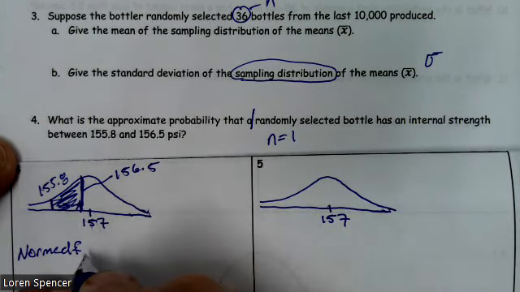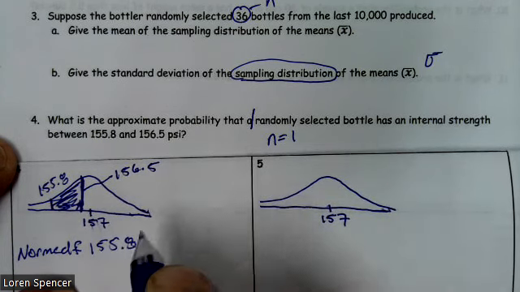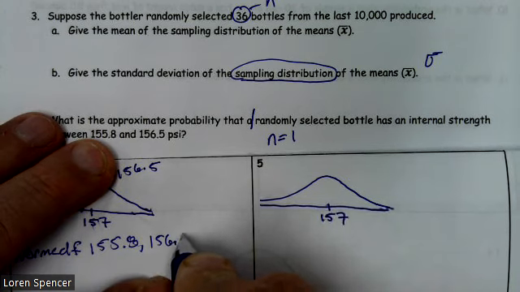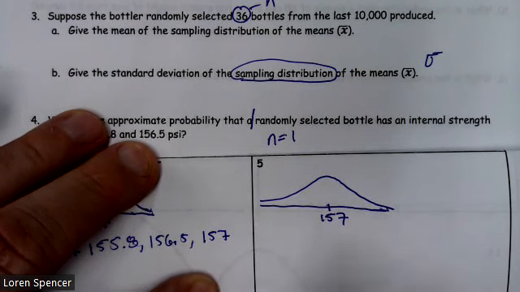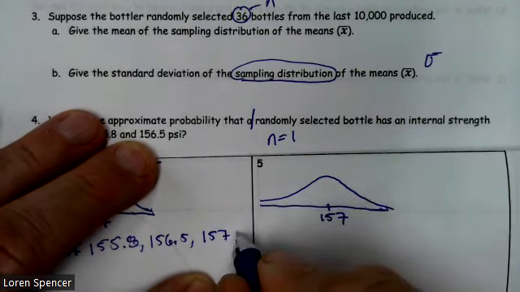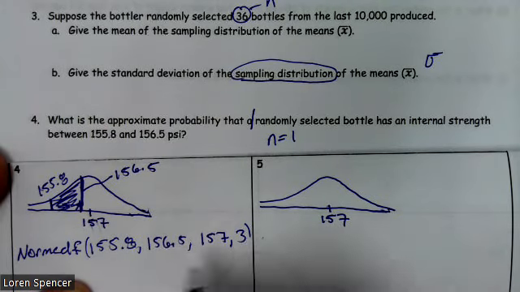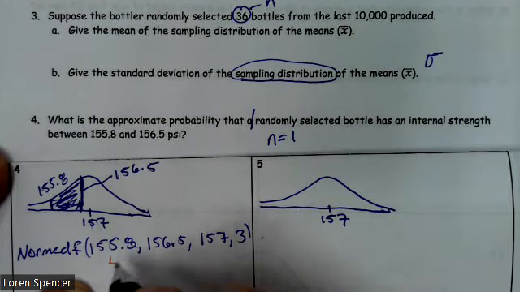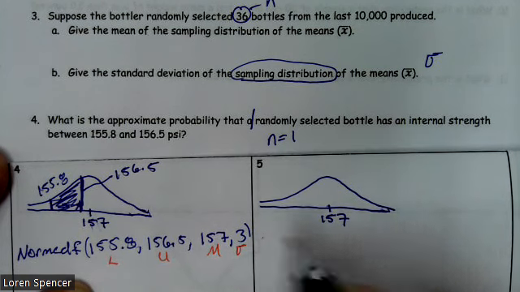My lower bound is 155.8. My upper bound is 156.5. I have a mean of 157, and if I look back, I'll find out that my standard deviation is 3. Once again, we need to label these: this is my lower, this is my upper, this is my mean, this is my standard deviation.